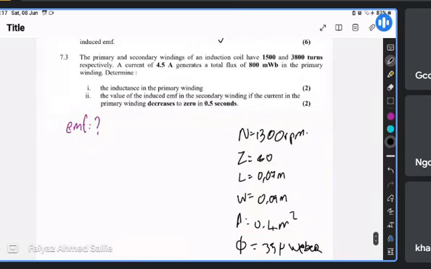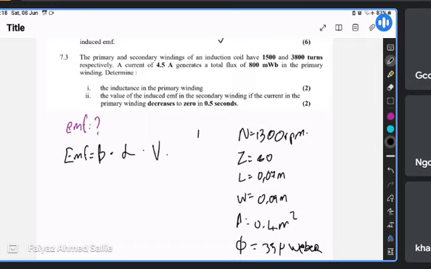So how do we calculate the EMF? To calculate the EMF, we know that the EMF is equal to the density multiplied by the length multiplied by the voltage. But we know that there's also a sine theta here, but we just use the maximum, so this can be 1.